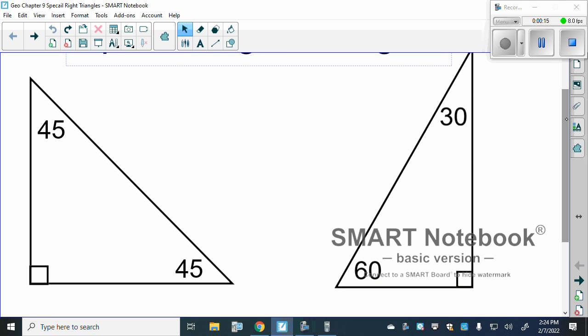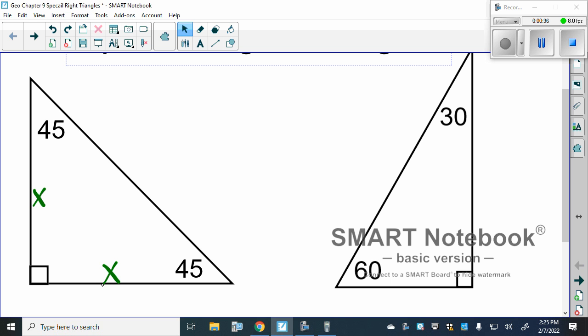So one of the things that we've covered so far is finding the missing side lengths of special right triangles. So we had the 45, 45, 90 and the 30, 60, 90 right triangle. Now for the 45, 45, 90, the sides opposite the 45 degrees are going to be the same. We call them the legs.